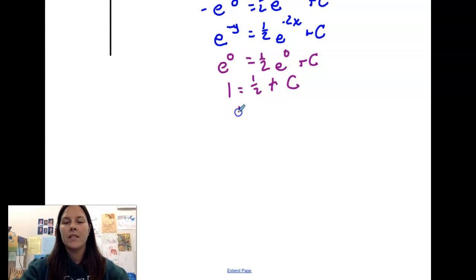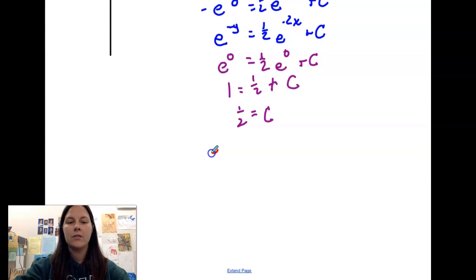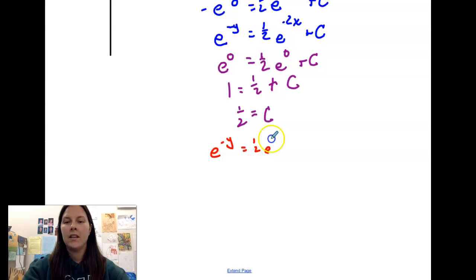And solving for c, subtracting that 1/2 from both sides. And writing our final solution, e to the -y equals 1/2 e to the -2x plus 1/2.